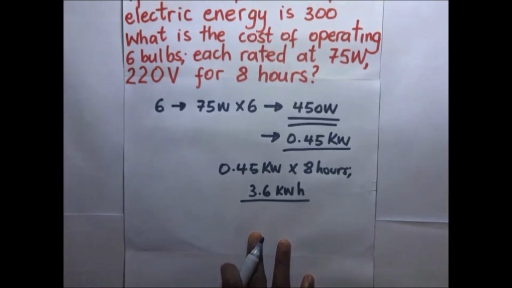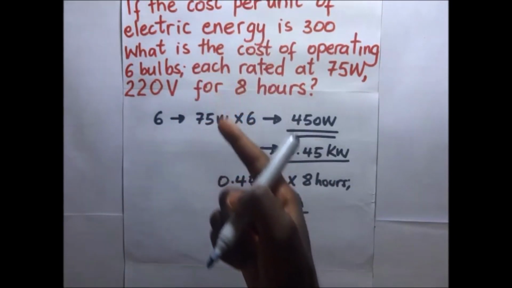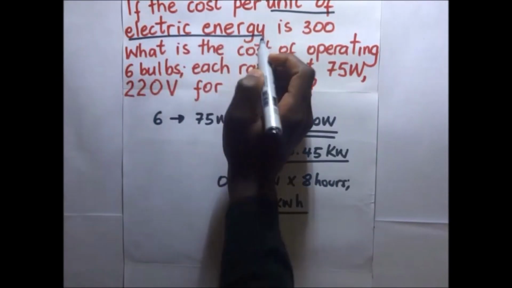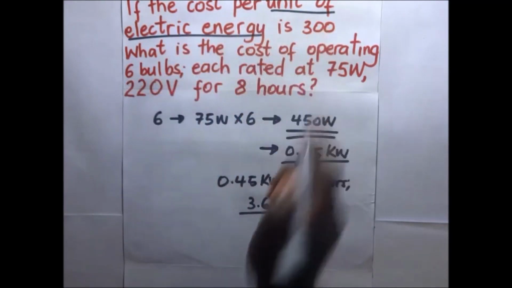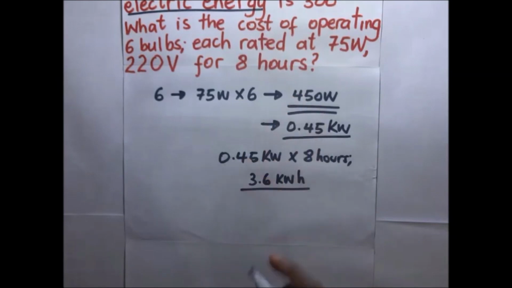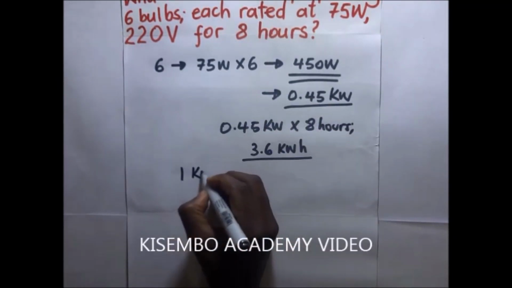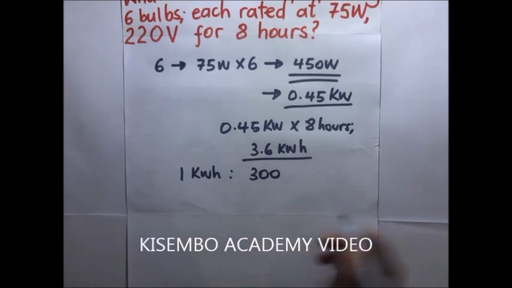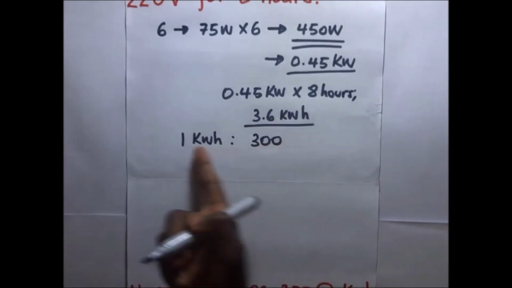But now the question is telling us the cost per unit of electricity, and the unit of electricity we are talking about here is the kilowatt hour. The cost per unit is 300. So what is the cost of operating these 6 bulbs? We know that 1 kilowatt hour is equivalent to 300, probably shillings or dollars or whatever. This is the cost of 1 kilowatt hour.